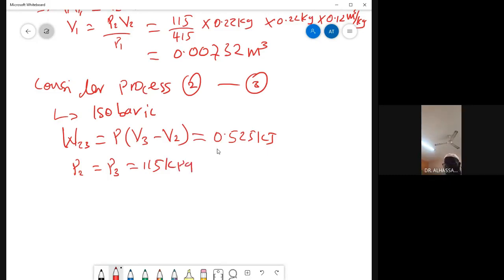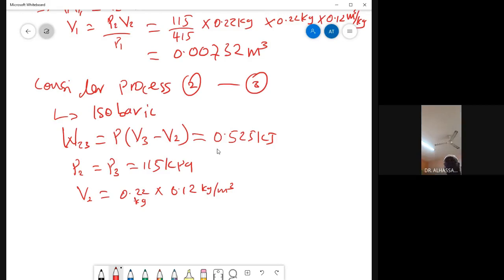V2 is also known already. The absolute volume V2 gives us 0.22 times 0.12, in kilogram per meter cube. If you put all the substitutions, then we are left with V3.